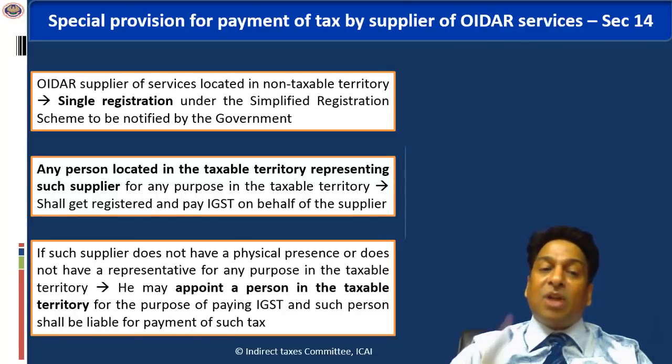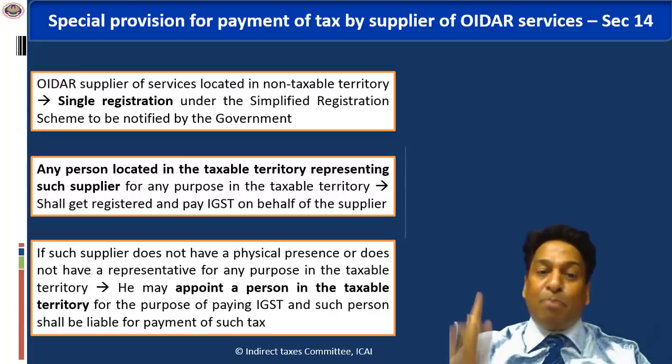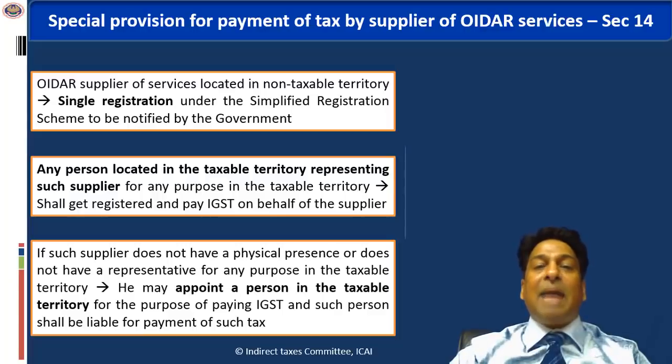If such supplier does not have physical presence or does not have a representative for any purpose in the taxable territory, he may appoint a person in the taxable territory for the purpose of paying IGST, and such person shall be liable for payment of tax.